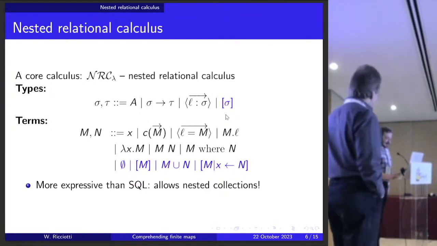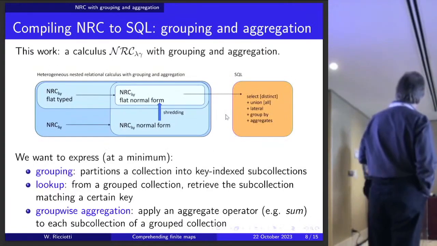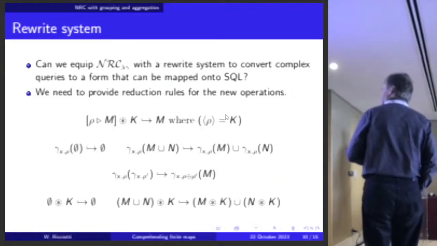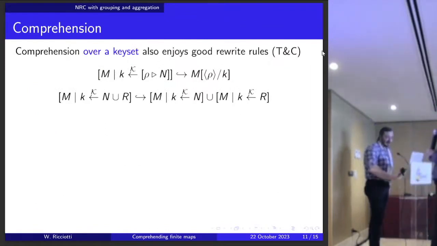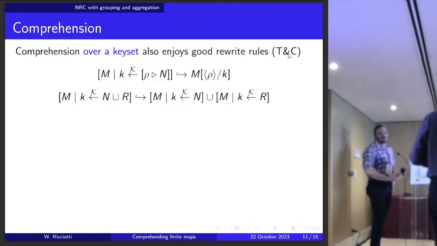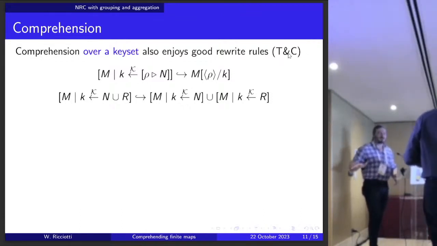I didn't tell you, but I hinted here. Here you see this TNC. That was to say that yes, comprehensions have good rewrite rules, but there are a few cases when they don't. That is something that appears not really in this work, but in the previous work that mixes sets and bags.